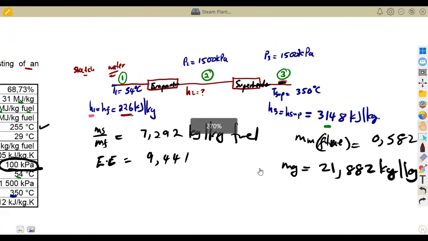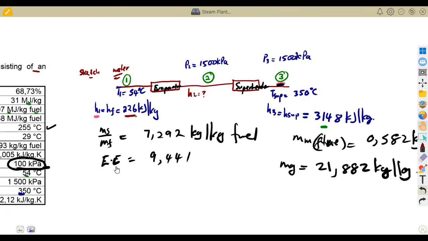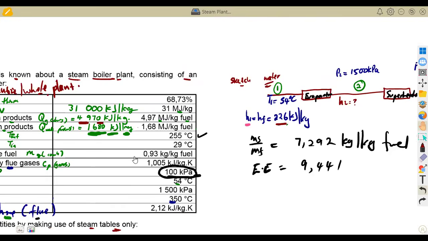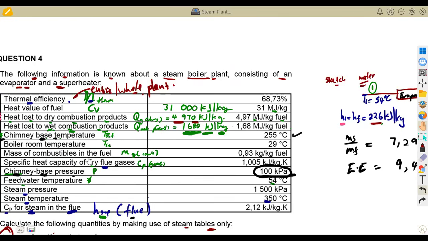On the other hand, remember we considered this mass of steam over mass of fuel per kilogram. We can take that as an advantage, because here at the end we are given the mass of the combustible in the fuel.